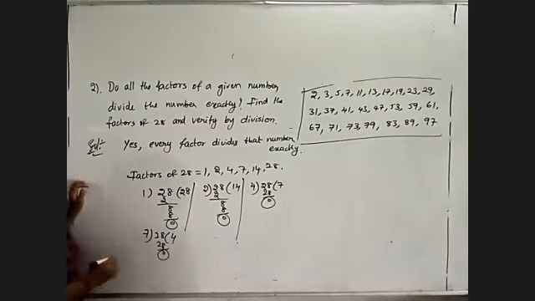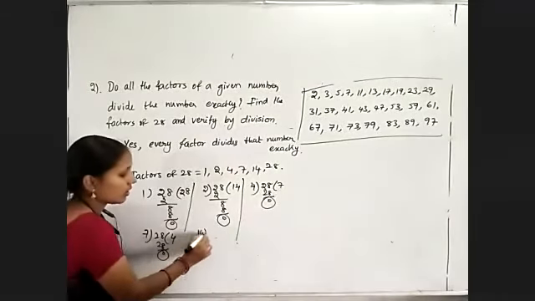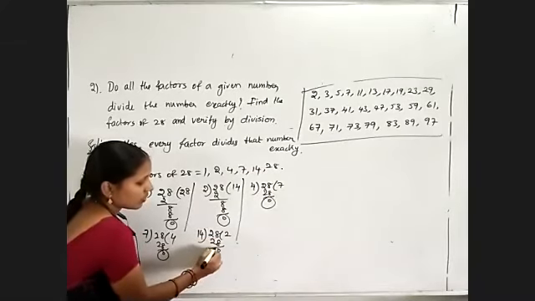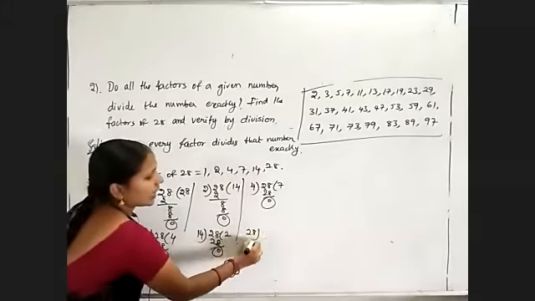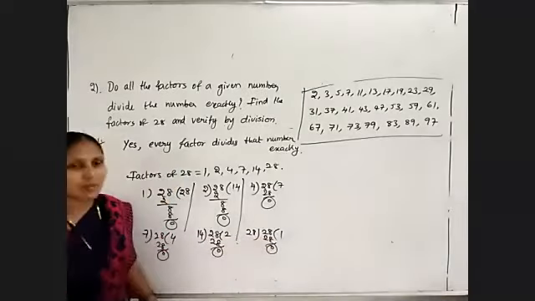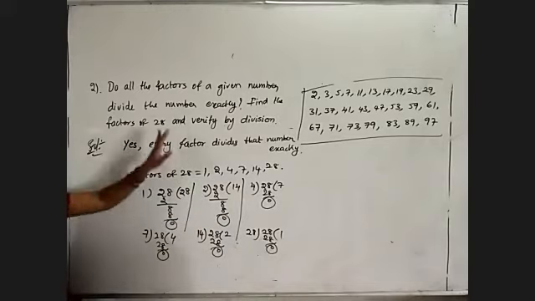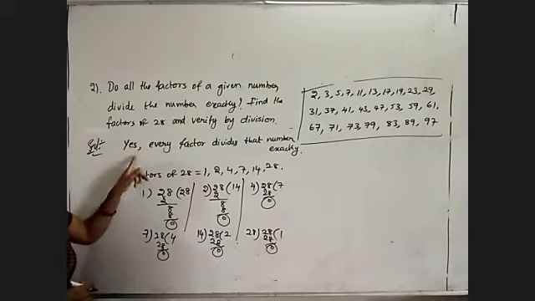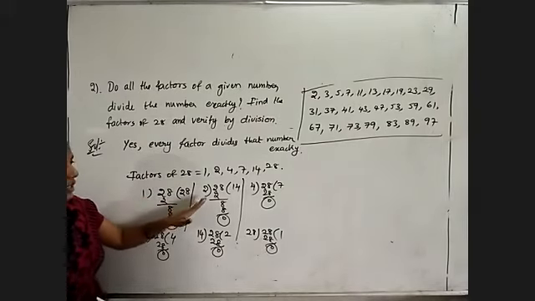Remainder is 0. 7 also divides the given 28 exactly. 14. 14 twos are 28. So 14 also divides 28 exactly. And 28 divided by 28. 28 ones are 28. Remainder is 0. So observe, each factor of 28 divides 28 exactly. So do all the factors of a given number divide the number exactly? Yes. Every factor of the given number divides the number exactly.